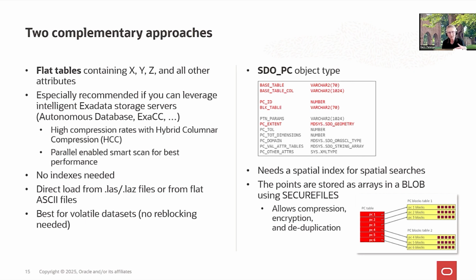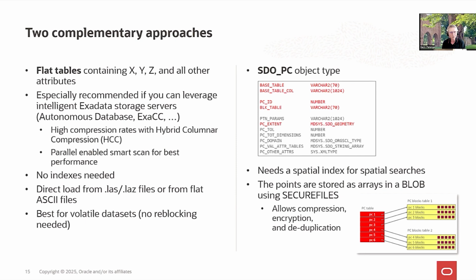And especially since most of the data is numeric values, those are very efficiently stored in the storage cells of this Exadata machine. And that's why we have a second data model for storing point clouds, which is called flat tables or XYZ tables.